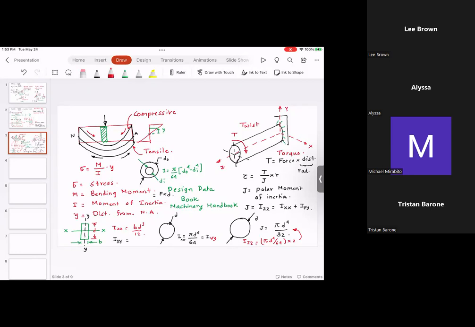Okay, now the next question that comes to my mind: please note, we have the normal stress here, and we have the shear stress here. The way we have discussed it, they are working independently.